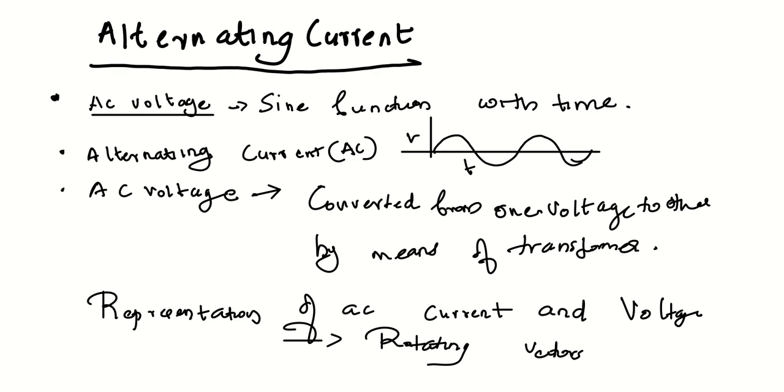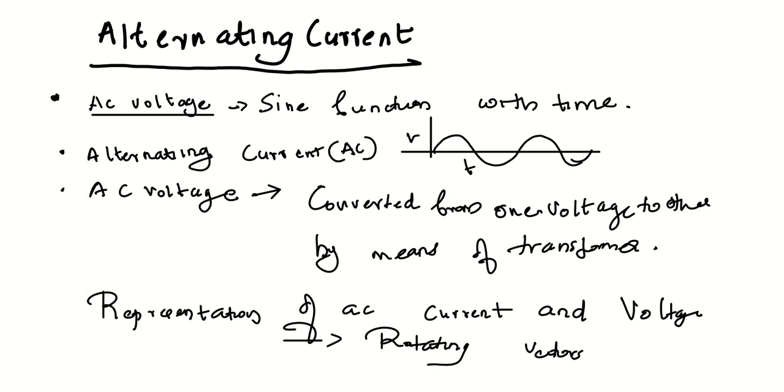Okay, so what is meant by alternating current? Alternating current is a current like a sine function which varies with time. AC voltage is a voltage that varies like a sine function with time.